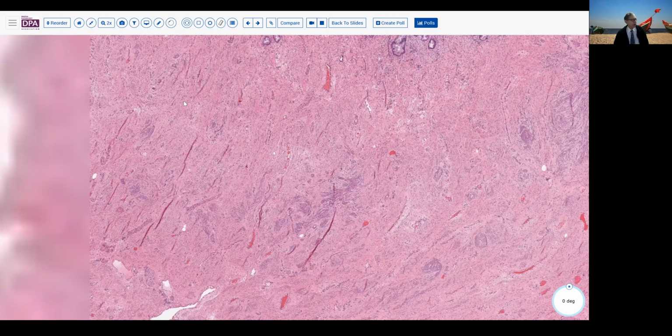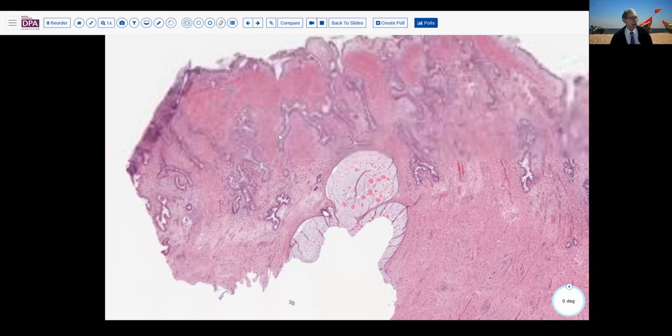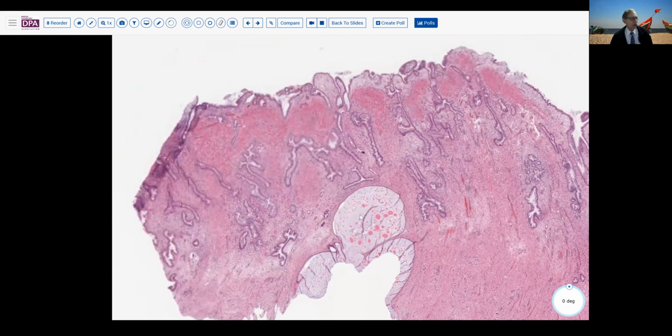But what really caught my eye was what's going on over here. Here we see nice endocervical glands, with some deeper extension of these glands. And notice we have this pink tissue here in the stroma.